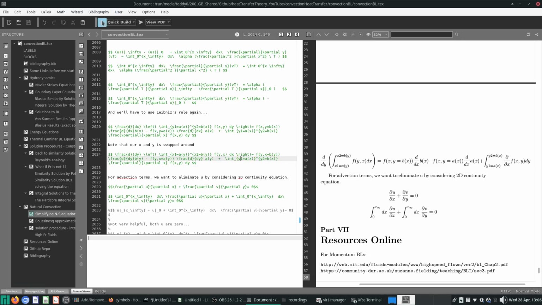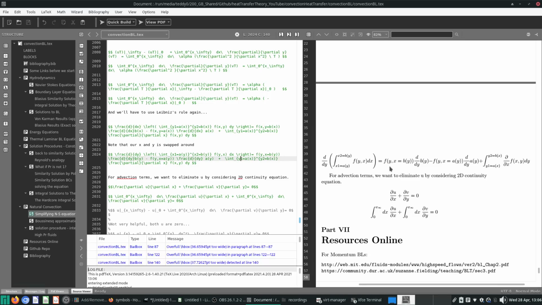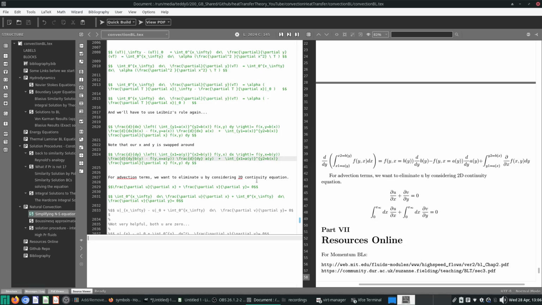And let's compare. So f(y,x) equals b(y) d/dy of b(y), minus f(y,x) equals a(y) d/dy of a(y). And then the last term I'll need to change as well. So I'm going to change y1 and y2 to x1 and x2.